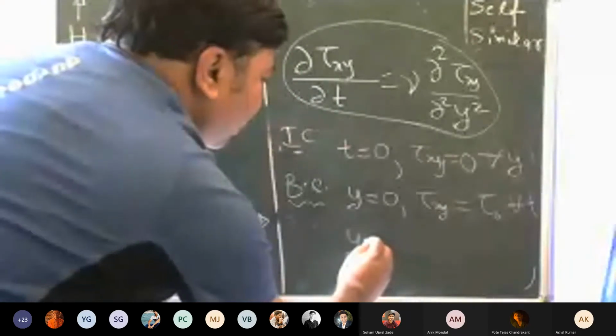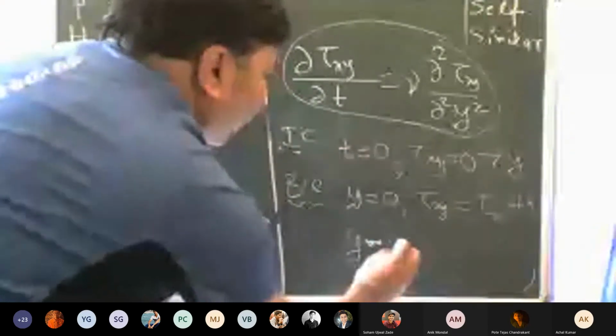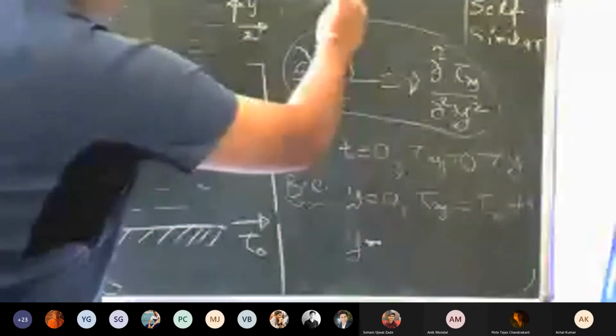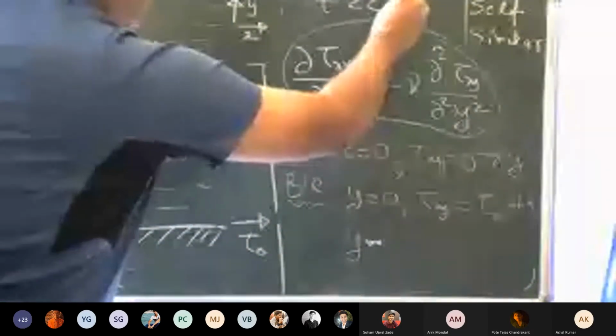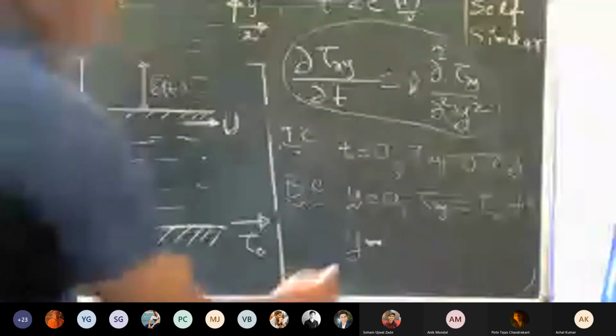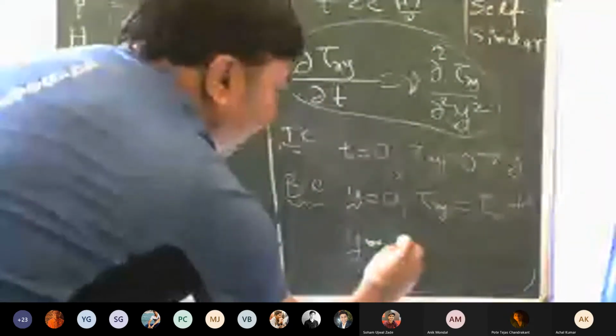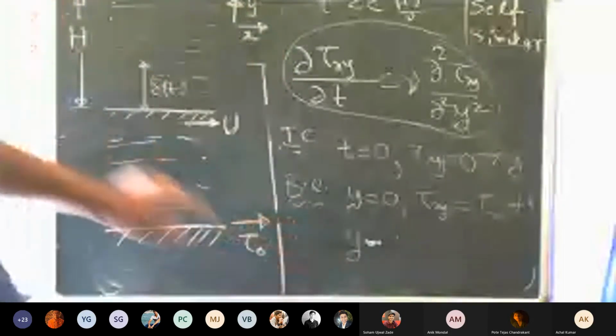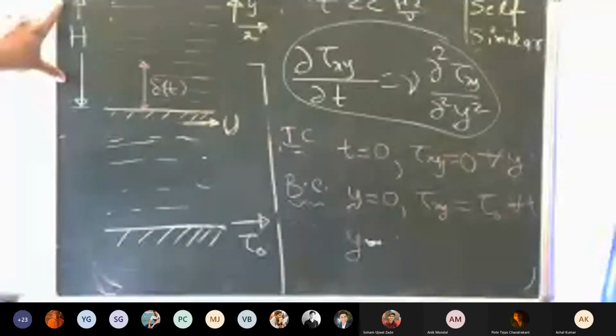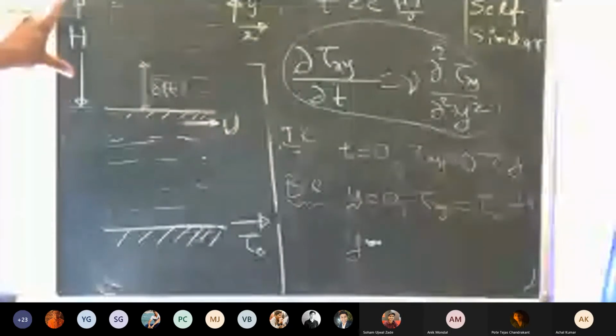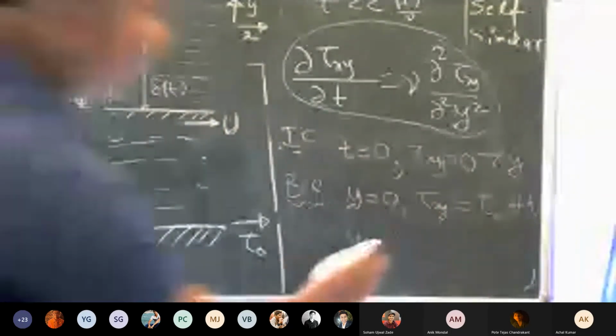And what is at y goes to, so I am analyzing this problem for t very, very less than x square value. Okay, so at y equal to, rather than h, what can I write here mathematically? Anyone? What is this h?